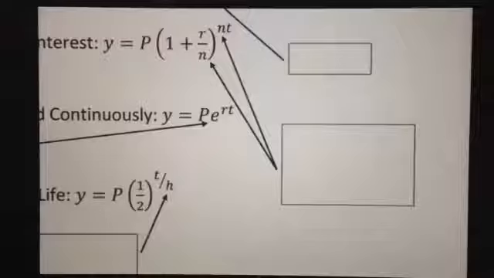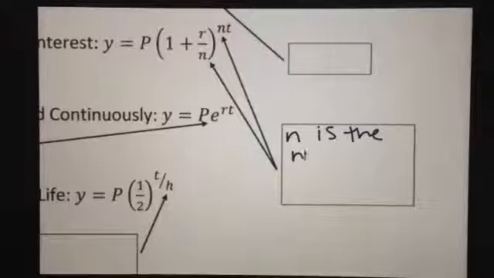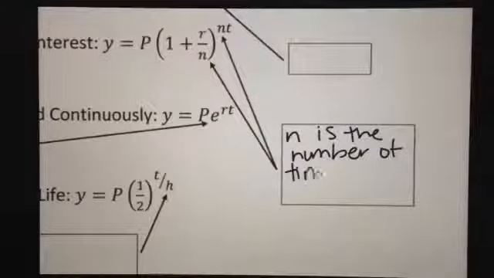Next, we have this n value, and if you look at all the other equations, n is only found in the compound interest formula, and n is the number of times. You could also say it's the frequency, and this is usually per year.